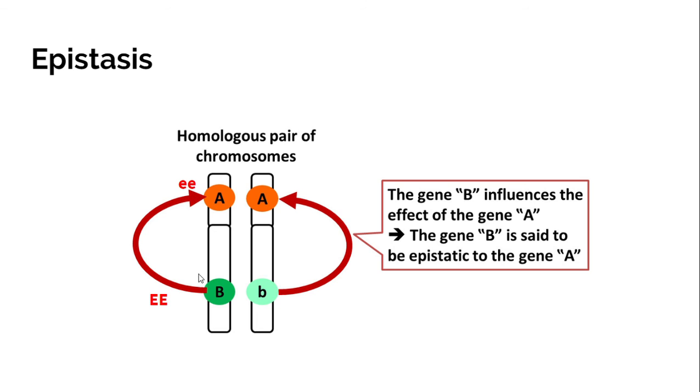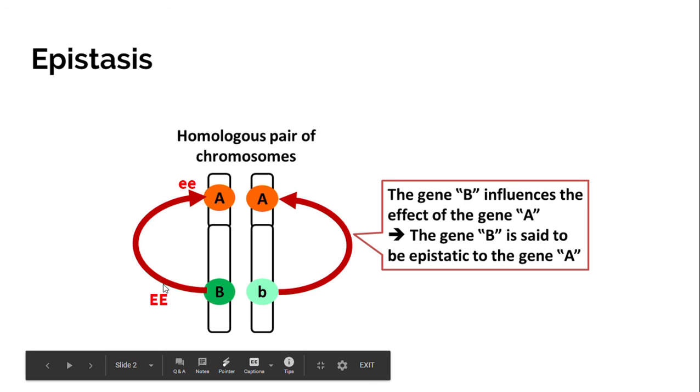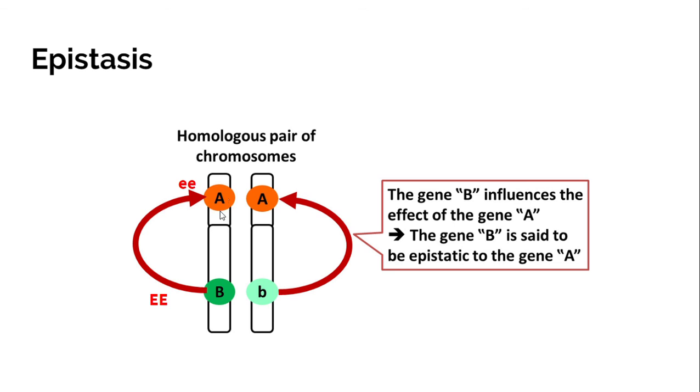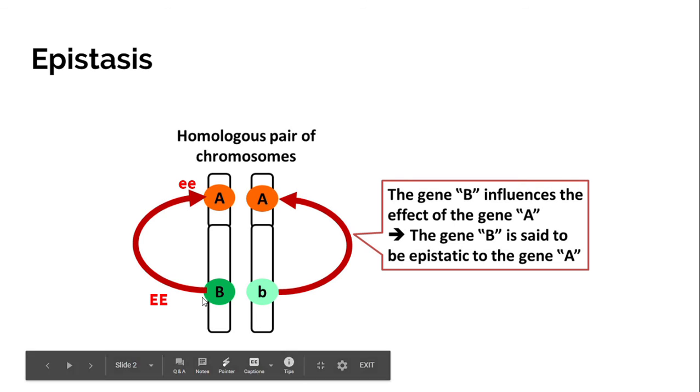And if the second locus gene is small e, and the first locus gene is dominant for black or big E, then the dog will still be yellow because of the second locus acting on the first locus. So both of these genes are affecting dog hair color, and so this is known as epistasis.